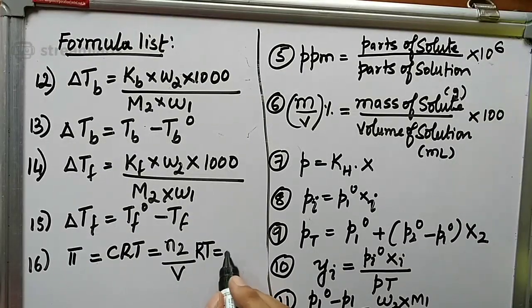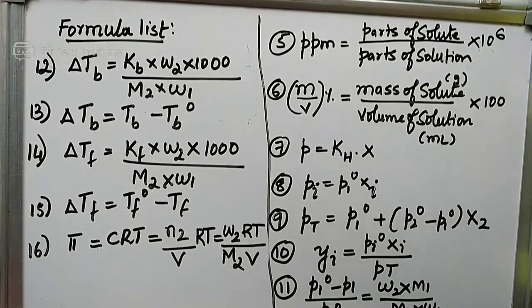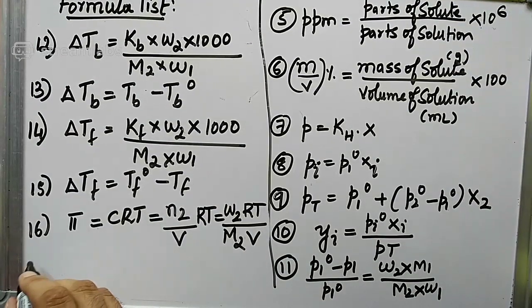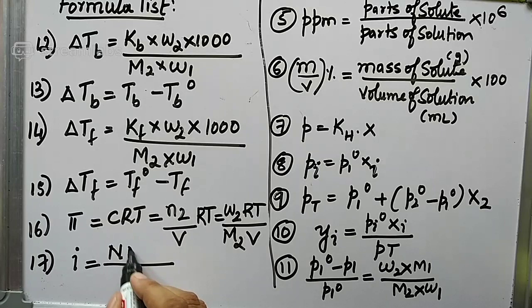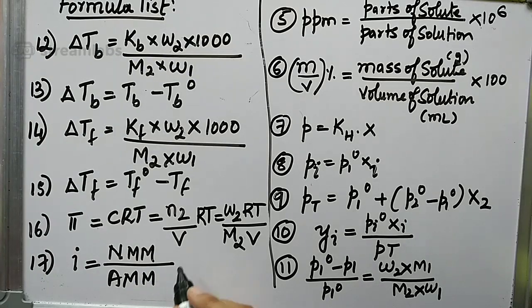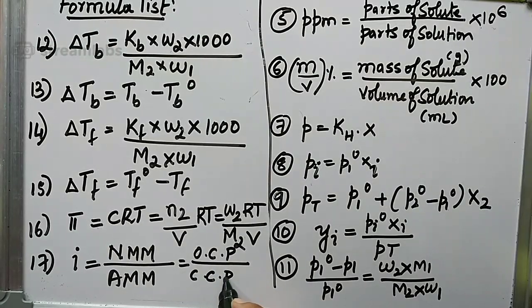That should be equal to W2 into RT divided by M2 into V. So these are the set of formulas that you need to remember. 17th formula that you need to remember is that I is equal to normal molar mass divided by abnormal molar mass. This is equal to observed colligative property divided by calculated colligative property.